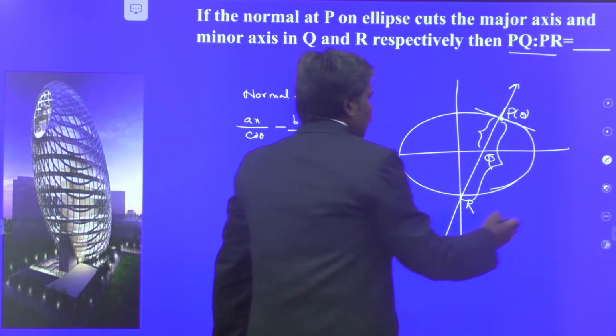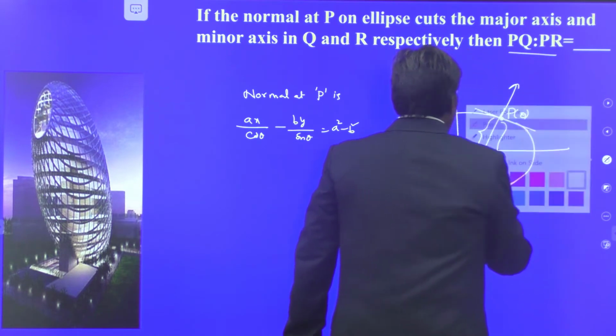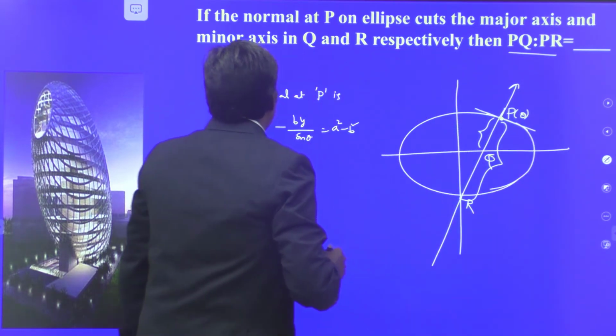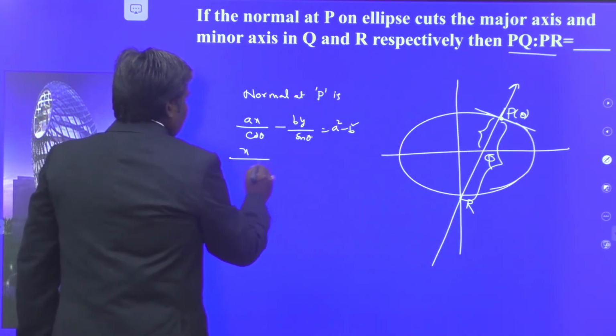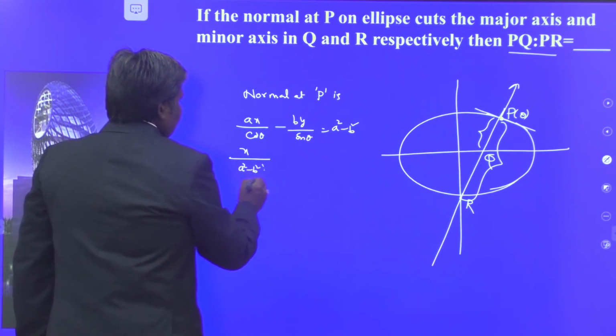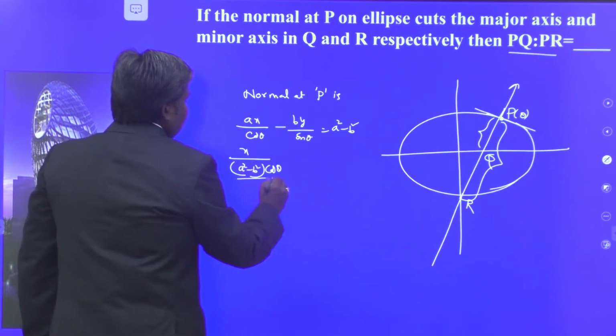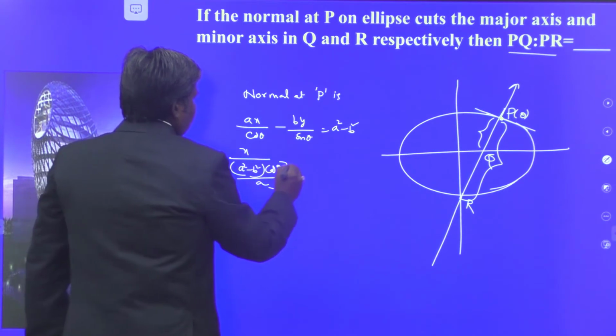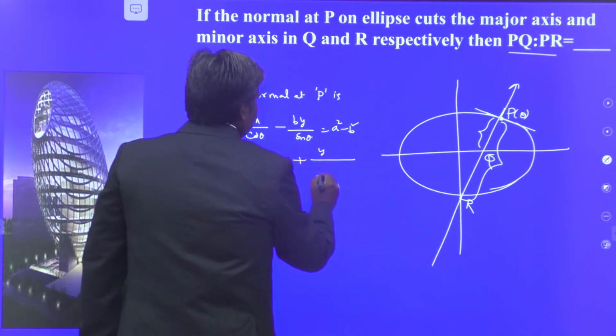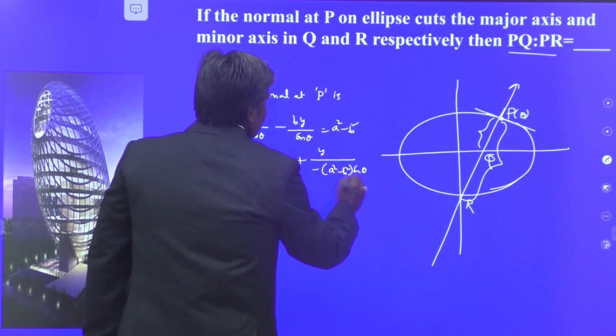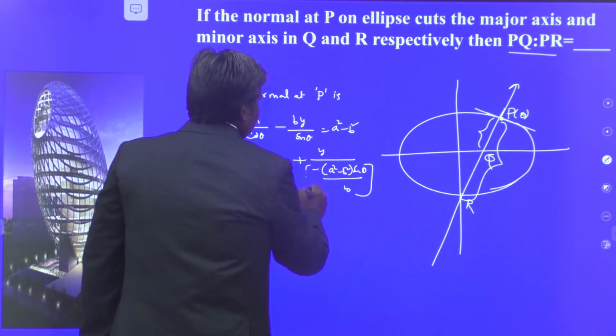Now I write this in the intercept form: x by (a square minus b square) cos theta by a, plus y by minus (a square minus b square) sin theta by b, is equal to 1.